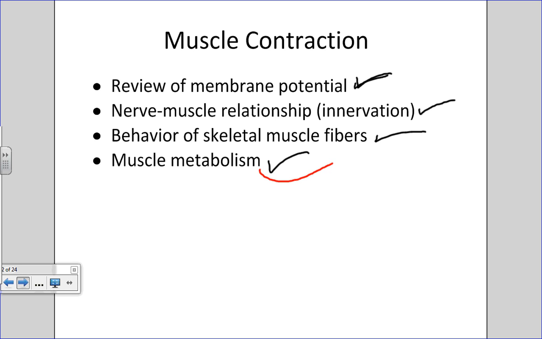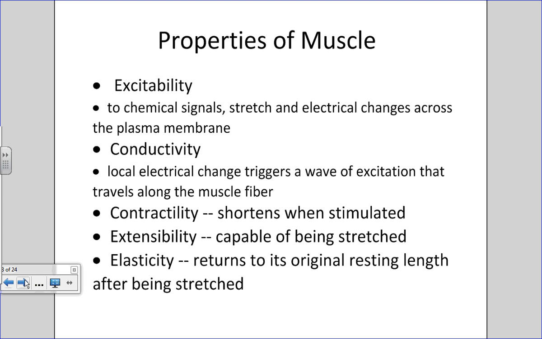All right. So on that note, let's talk about the properties of muscle tissue. These properties I'm talking about here relate to all three types of muscle tissue, some more than others. All three types of muscle are excitable. Another way to think of excitability is irritability. They're irritable tissues.